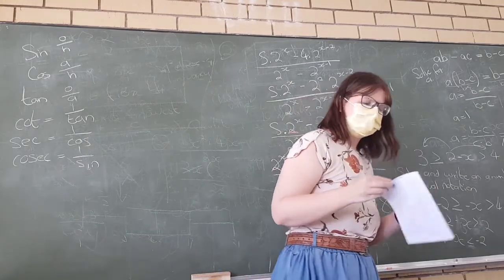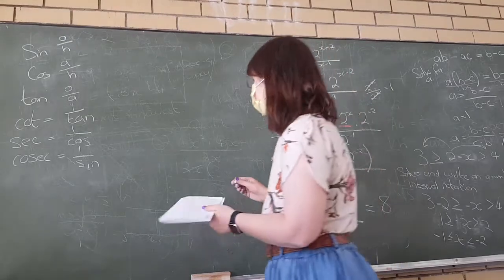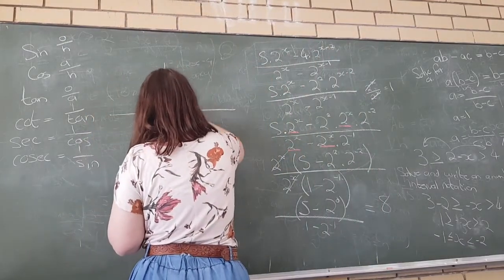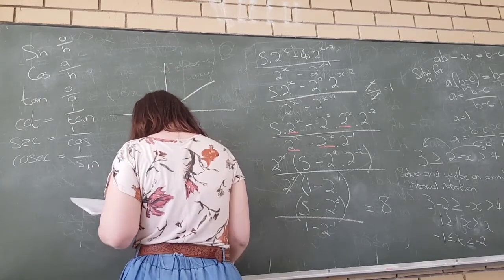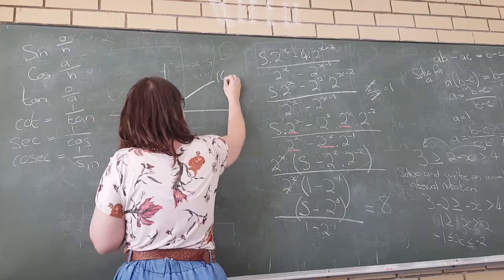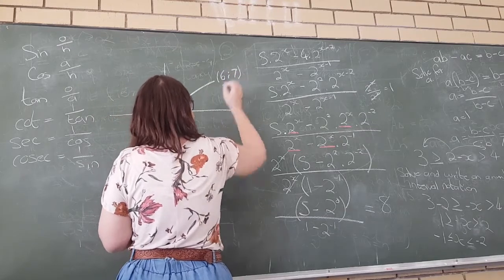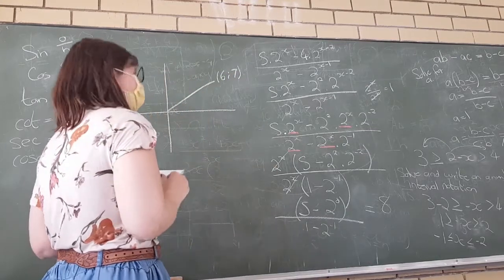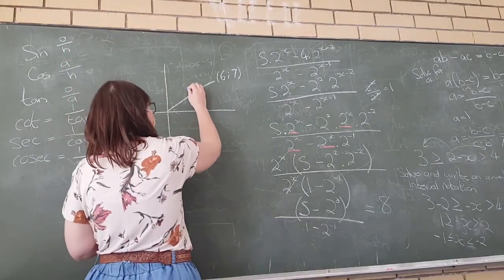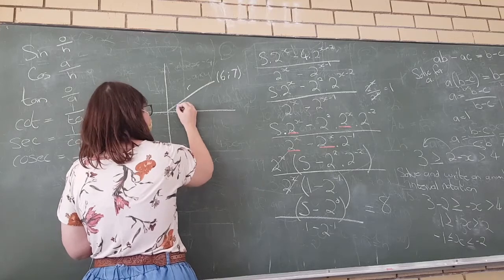Alright, so if I have a diagram that looks like this, it's got a point 6, 7, and this is R, and this is theta.